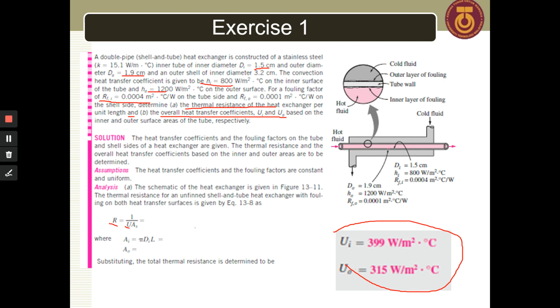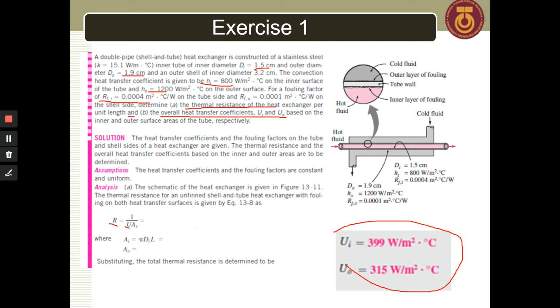Resistance inside the tube is 1, resistance due to fouling inside the tube is 2, resistance due to the wall is 3, resistance due to fouling outside the tube, at the shell side, is 4, and also resistance at the shell side. So altogether you should have 5 resistances. You just add everything.